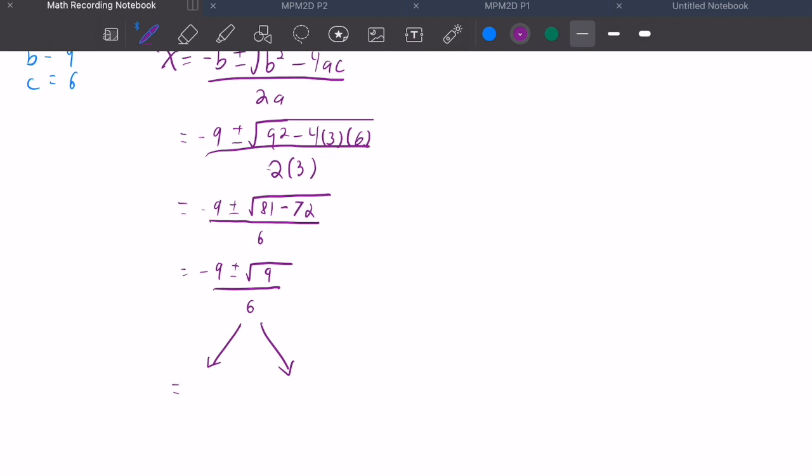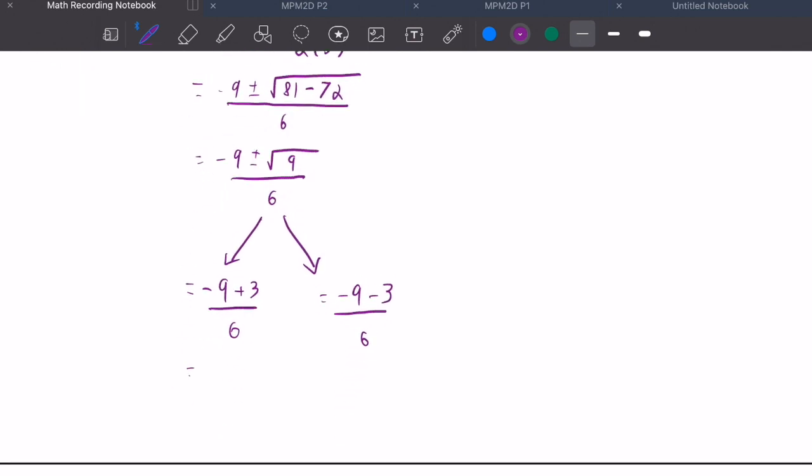So we get negative 9 plus the square root of 9, which is 3, over 6. On the other side, we have negative 9 minus 3 over 6. Let's start with finishing up this one first. Negative 9 plus 3 gives us negative 6, and negative 6 over 6 gives us negative 1.